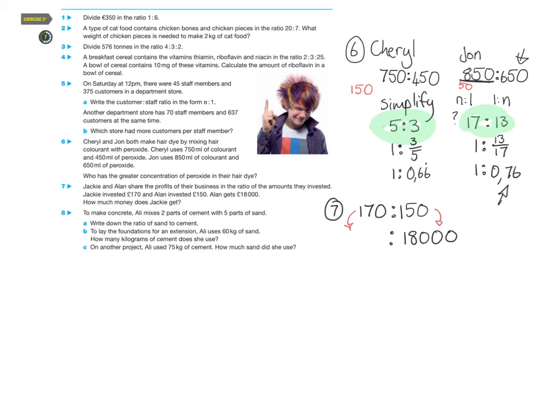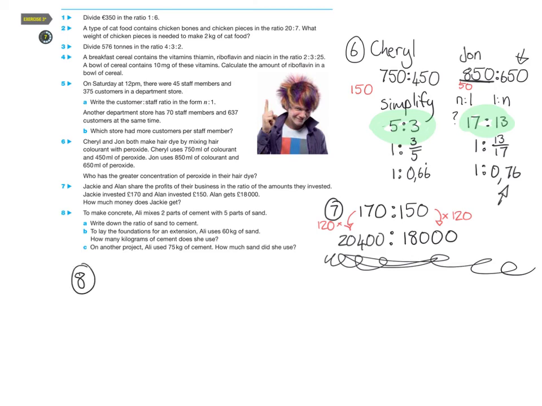And we can do that by dividing 18,000 by 150, and we find that we're multiplying, let's do that in red, by 120. So if we're going to multiply the other side by 120 as well, I will get an answer of, let's do it in black, £20,400. So then I would write a beautiful sentence saying something about Jackie.